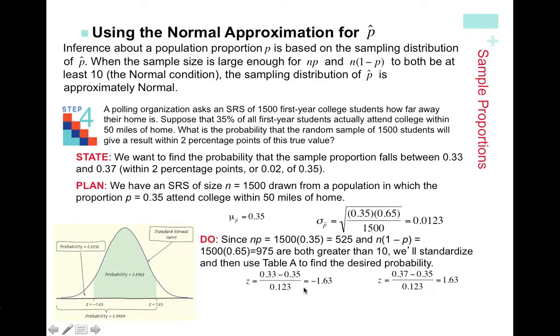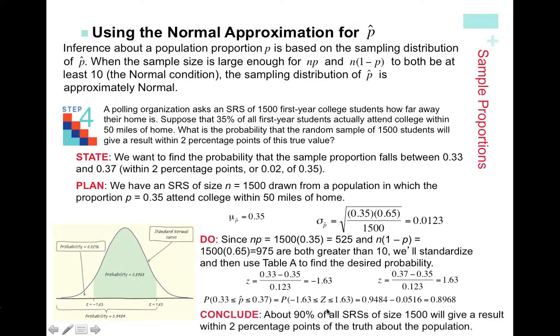Z-score of negative 1.63 gives us a probability of 0.0576. So our probability that p-hat is between those two values is 0.8968.